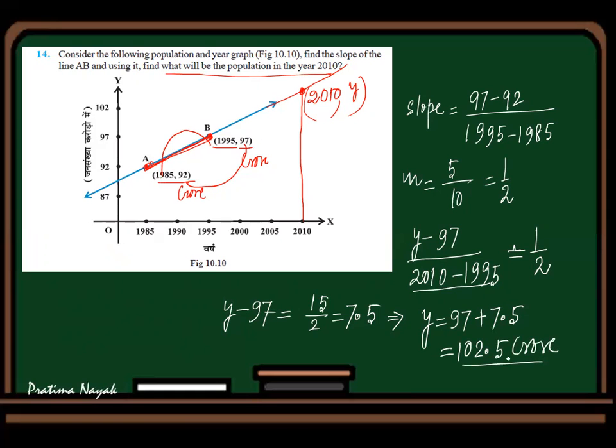So this is the population in year 2010. I took this C point. What I did, the slope of AB, I got it half. The slope of BC is also half. Then we are applying the same concept. We are getting y is equal to 102.5 crores.